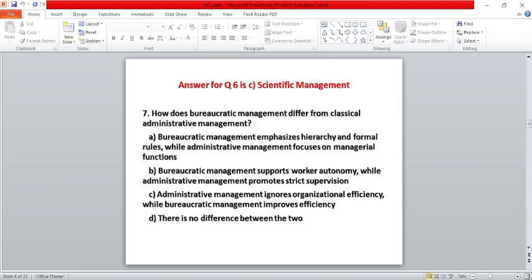D. There is no difference between the two. The answer for question number 7 is A. Bureaucratic management emphasizes hierarchy and formal rule, while administrative management focuses on managerial functions.